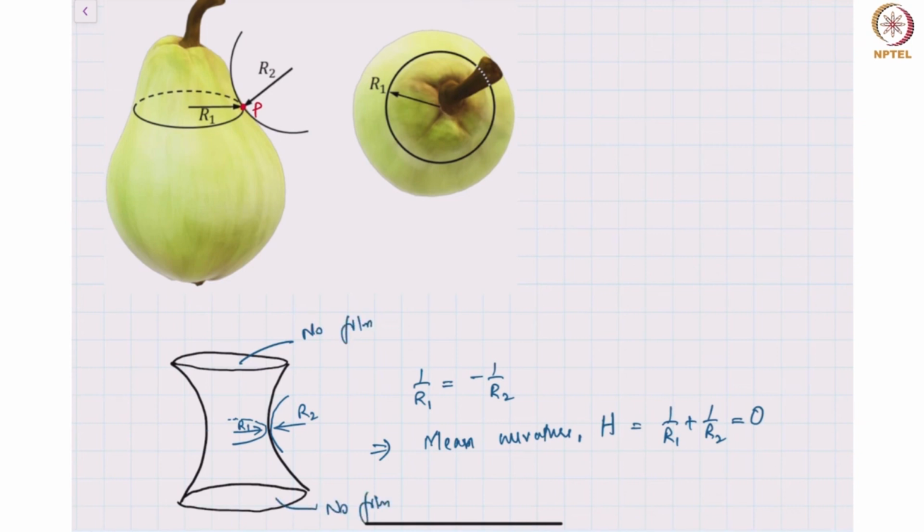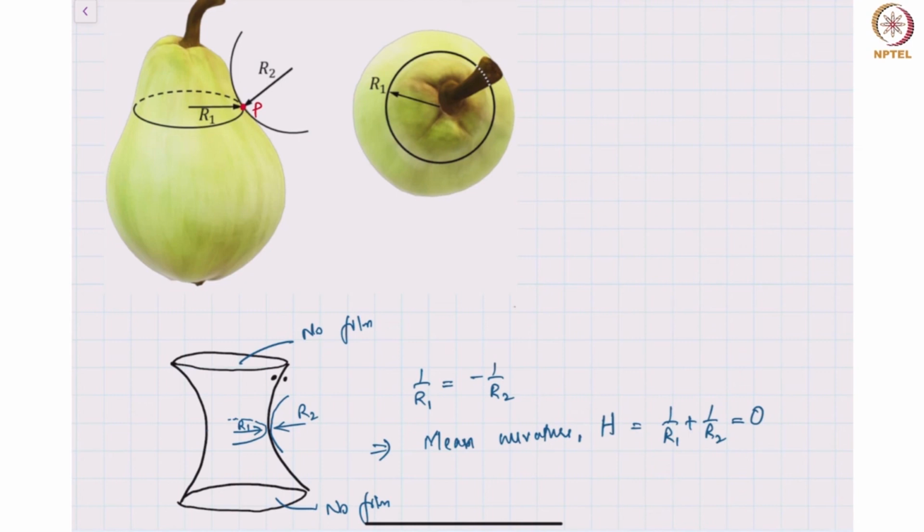So clearly, if you go from a point here to a point here, both sides are exposed to the atmosphere, and it's atmospheric pressure on both sides. So the pressure difference across should be equal to 0. So PA should be equal to PB.